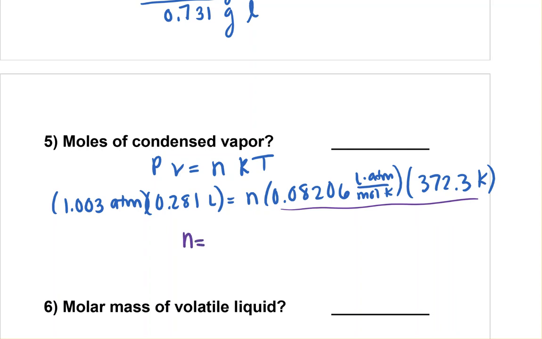And if I divide this side by all of that, I get a small number here.